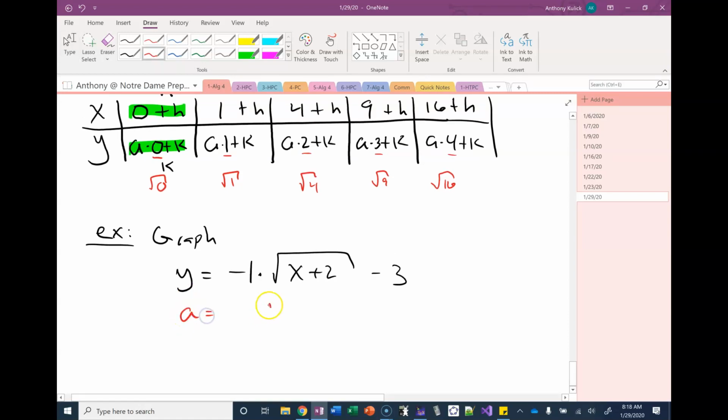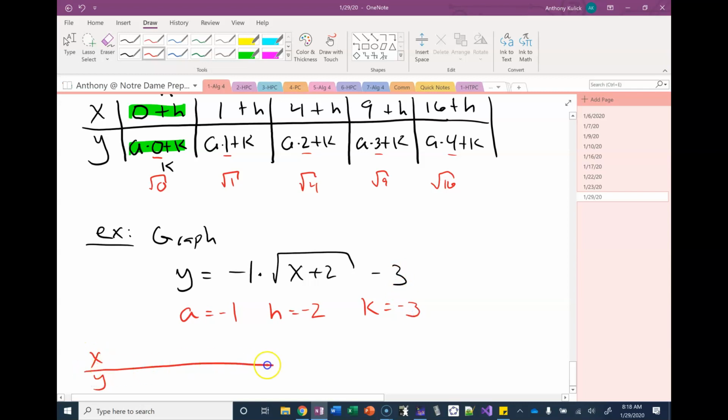So I'm going to start by writing down my values for a, h, and k. What's my value for a? -1. What's my value for h? -2. Remember, the h is always the opposite sign of whatever appears in the function. And k is -3.